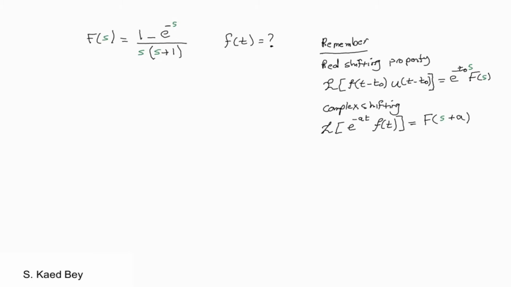So what did the real shifting property tell us? That if you have a function in the time domain which is shifted by t0, you will get e to the power of minus t0 s multiplied simply by the Laplace transform of f of t.